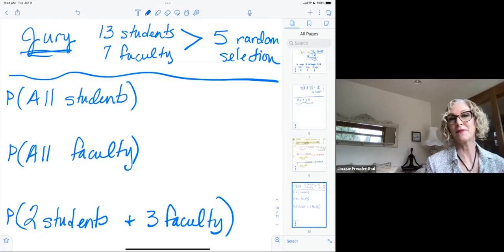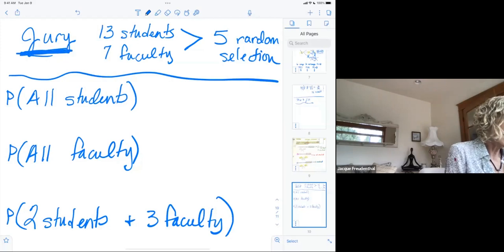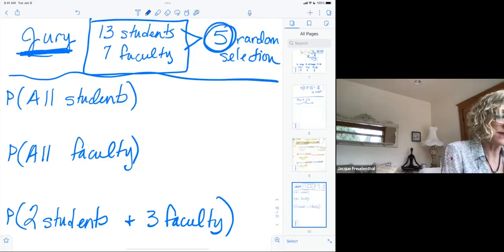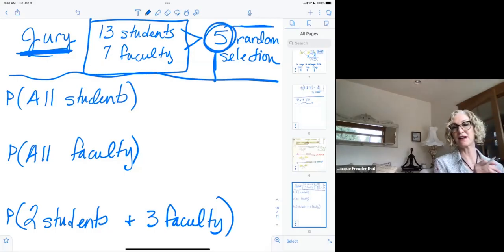They have a jury that decides whether you get the citation or not. The jury is made up of 13 students and 7 faculty, and we're going to choose 5 from the 13 students and the 7 faculty to be on the jury for these citations.